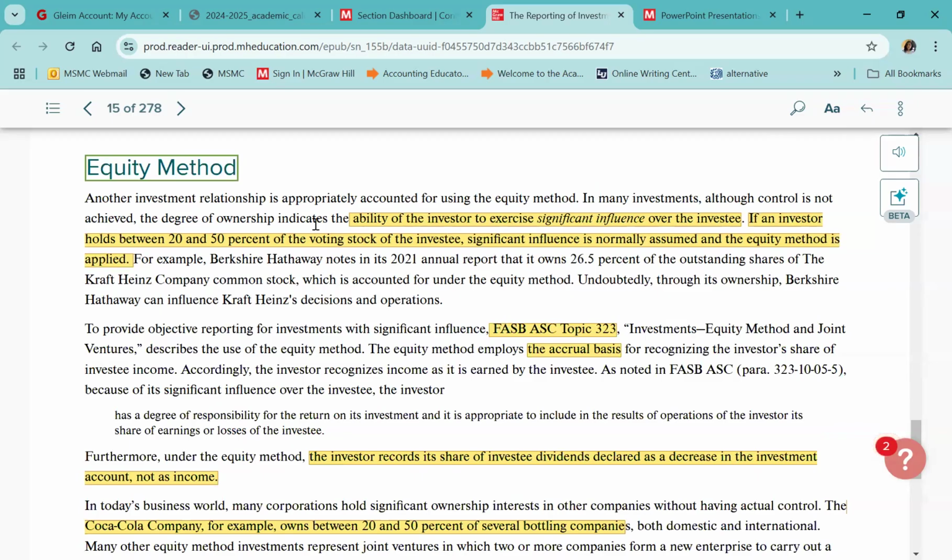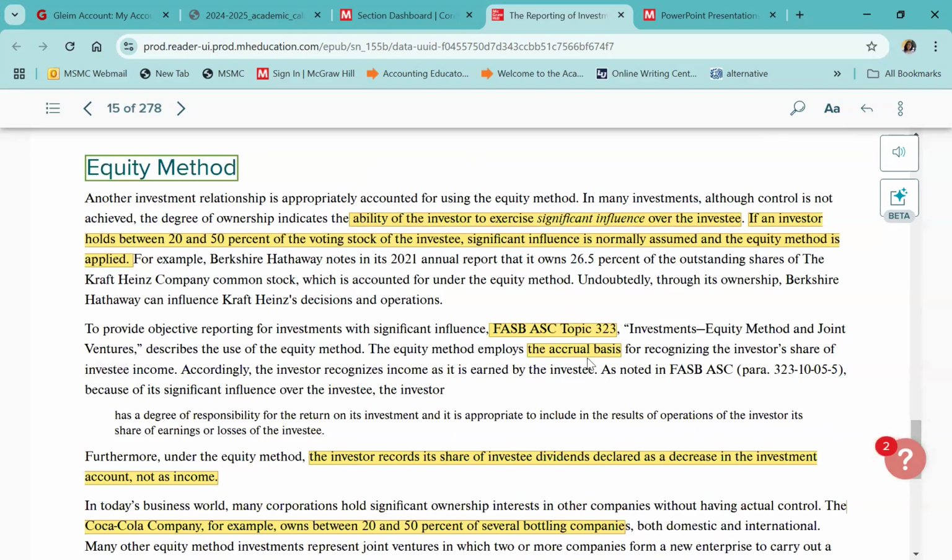The investor has the ability to exercise significant influence over the investee. If an investor holds between 20 to 50% of the voting stocks of the investee, significant influence is normally assumed, and we are going to use the equity method.